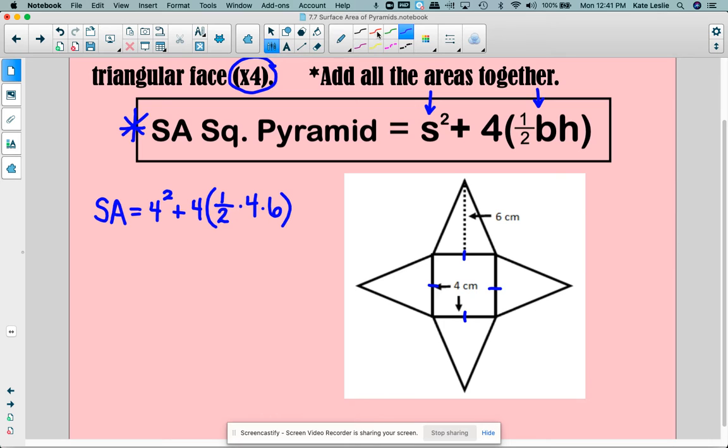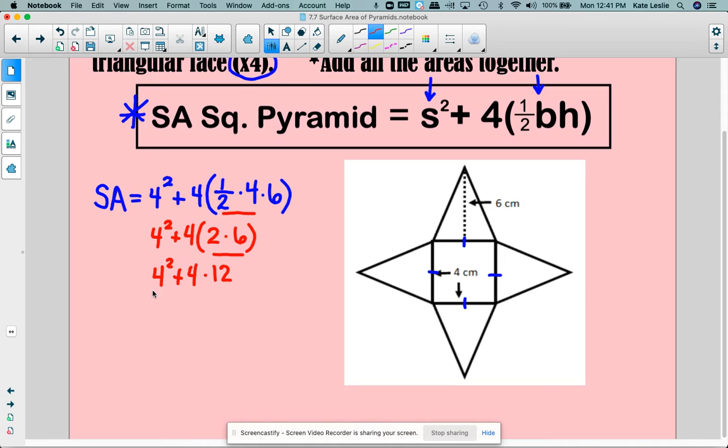Okay, please don't forget to follow order of operations. We have to do parentheses first, so we have to find half of 4. So we have 4 squared plus 4 times, we know half of 4 is 2. Bring down the times 6. Still have parentheses, so we have 4 squared plus 4 times 2 times 6 is 12. Okay, we have an exponent, which if you remember comes next in order of operations, PEMDAS.